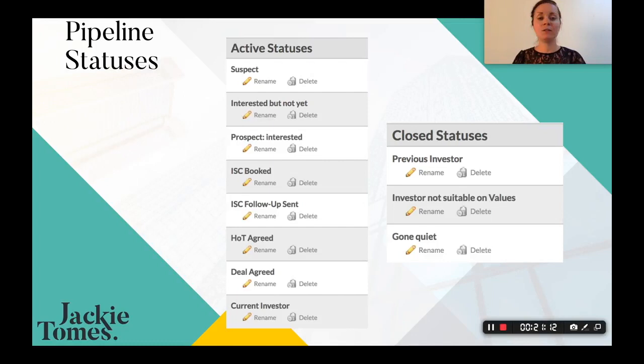Anyone that you've got either investing with you at the moment, get them in there, marked as current investor. If you've got some people who have said that they're interested, go and mark them as interested. Just basically populate it with who you have around you at the moment, so that you can get into the habit of using this moving forwards.